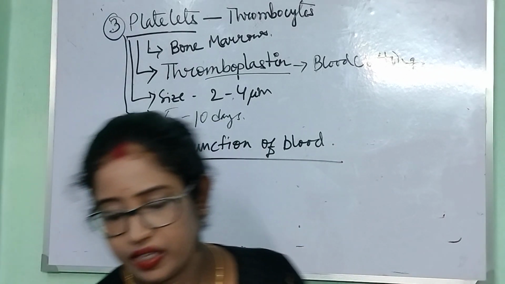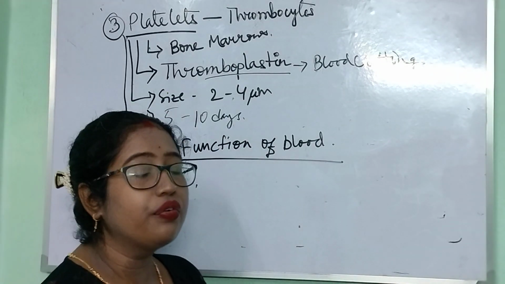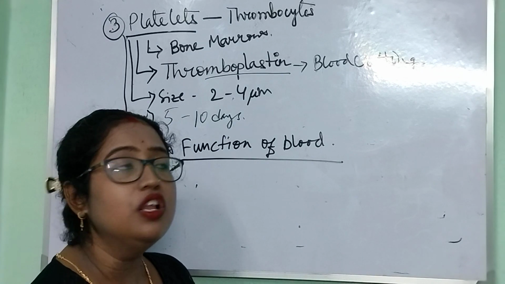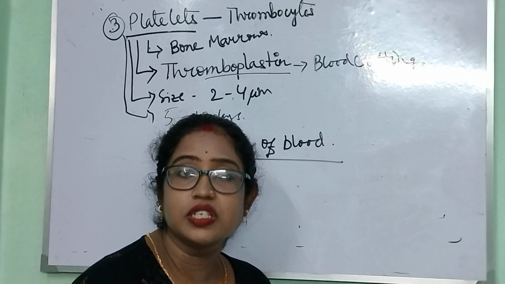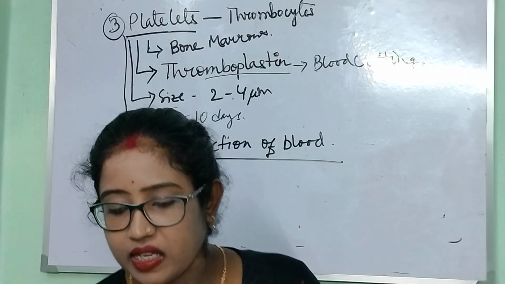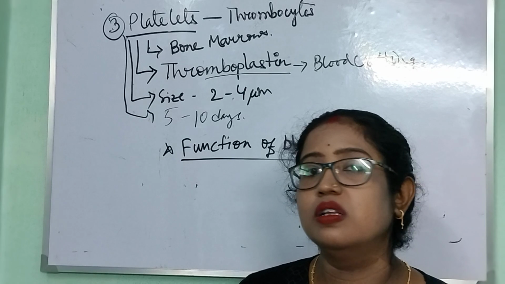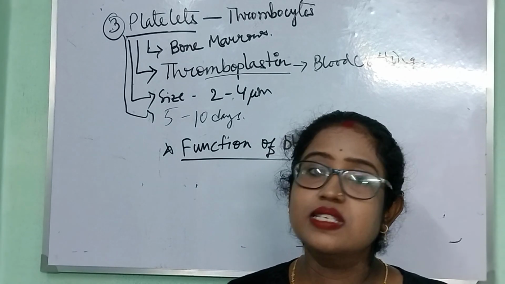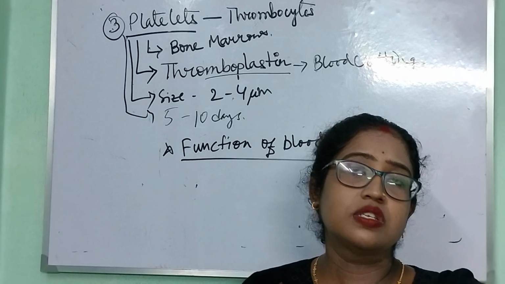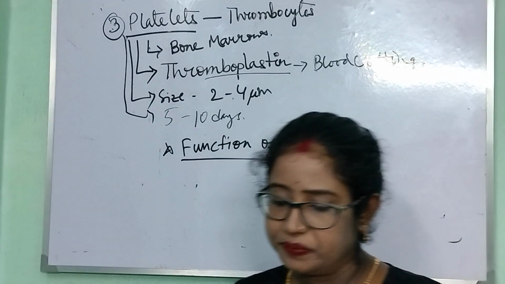The next function is to transport metabolic waste from each and every cell to special excretory organs present in our body. Blood also transports chemicals like enzymes and hormones from their origin to their target site.